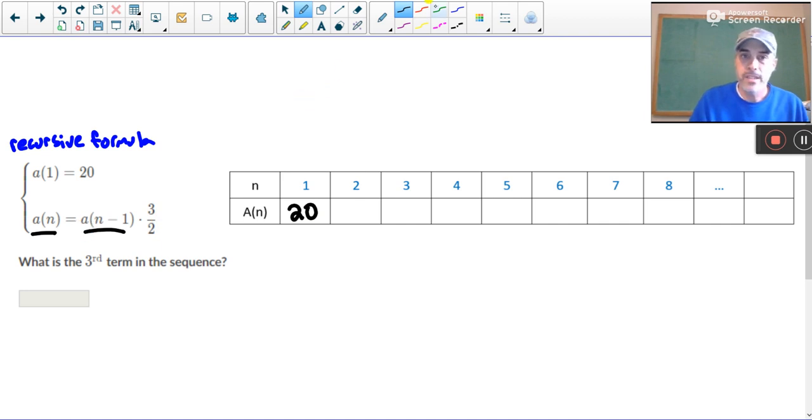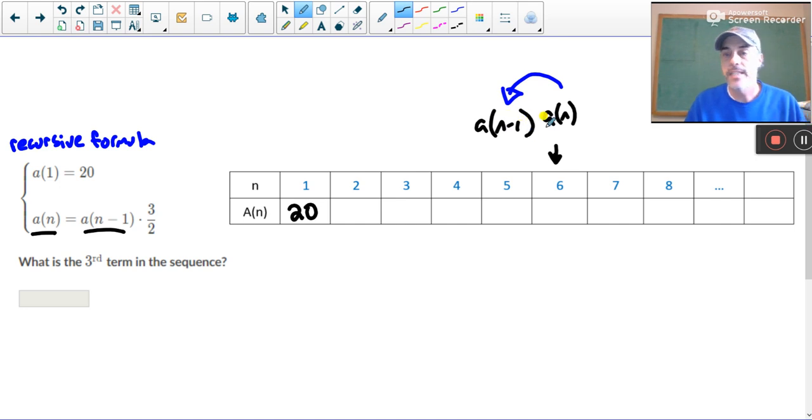So what this means to me is that if I was calling this term right here a of n, then the term before it, and we've seen this in this series, we could call a of n minus 1. It's that numbered n term, which in this case is 6, minus 1, the fifth term.